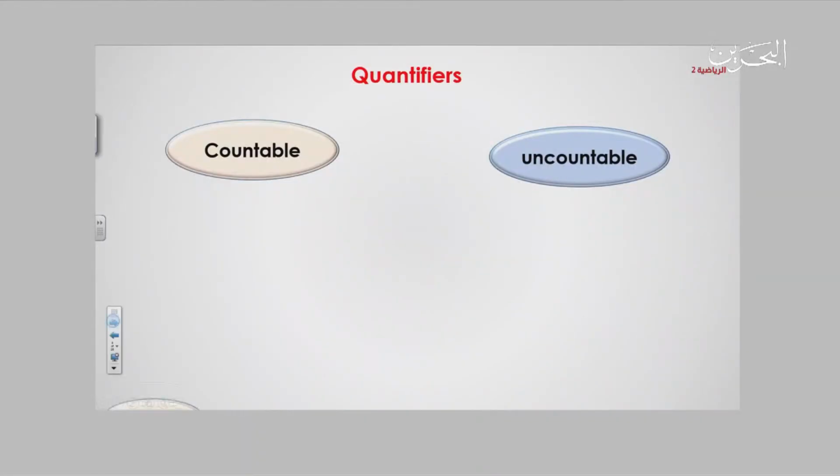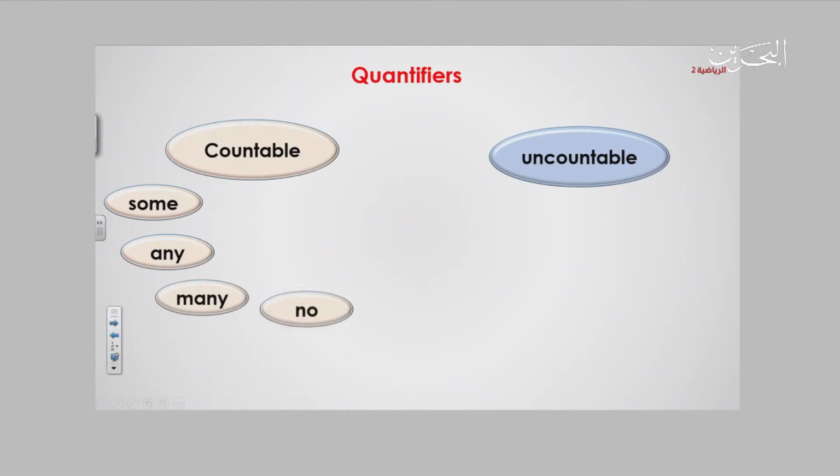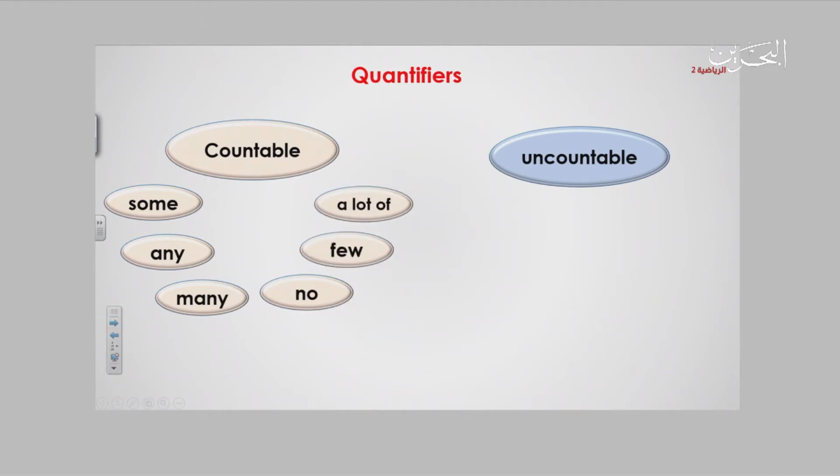Let's find what the quantifiers family is. Let's start with the countable. We have the word some, and I'm sure most of you know the word some. Any, many, no, few, a lot of. These are the quantifier words I can use with countable nouns.